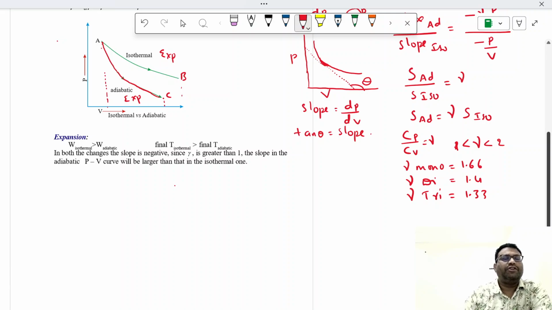So how can you recognize isothermal and adiabatic when two graphs are given? The one which is having more slope will be adiabatic and the one which is having less slope will be isothermal.